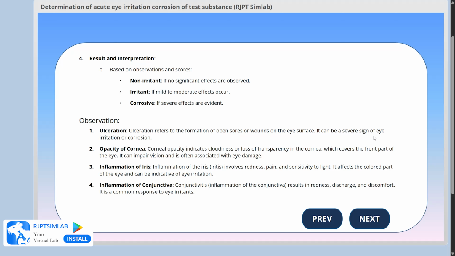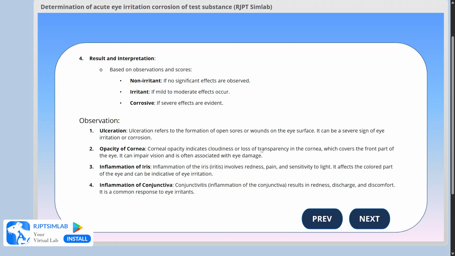It can be a severe sign of eye irritation or corrosion, which means ulceration is the formation of open sores or wounds on the surface of the eye, and it is a severe sign of eye irritation or corrosion. Then opacity of cornea. Opacity of cornea indicates cloudiness or loss of transparency in the cornea.